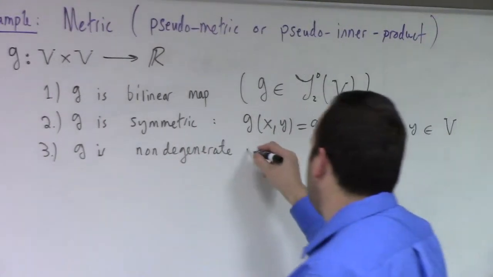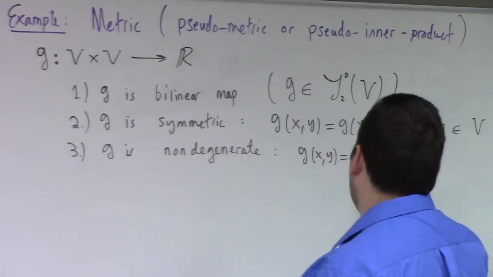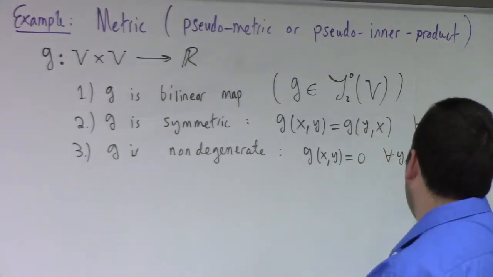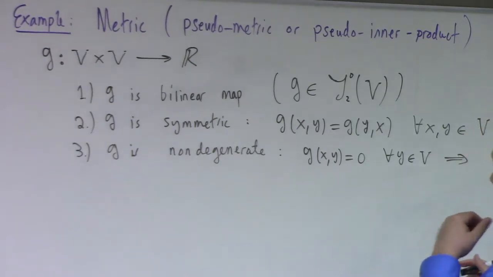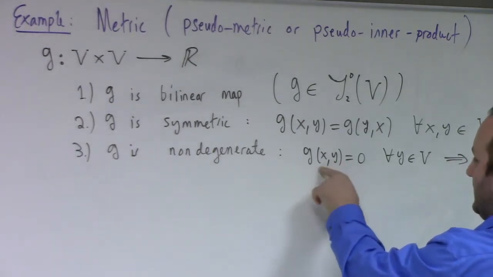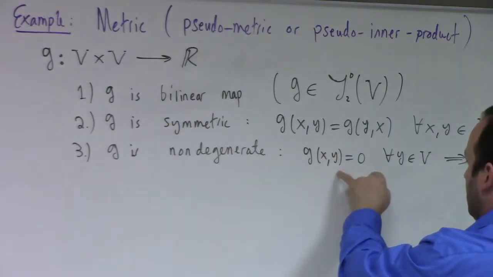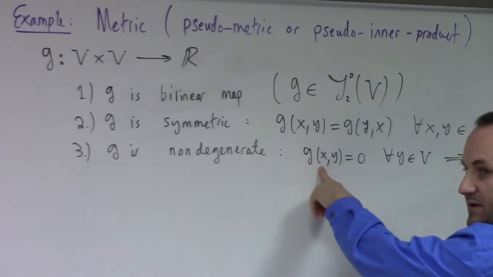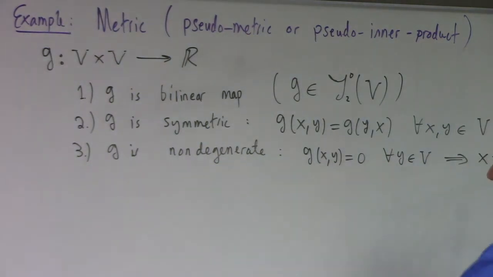Non-degenerate, what does that mean? Non-degenerate means that if G of xy is equal to 0 for all y in V, that implies what? If the metric of x and y, or if you want, the inner product of x and y is 0 for all y, it must be that x is 0. Yeah, that's non-degeneracy.